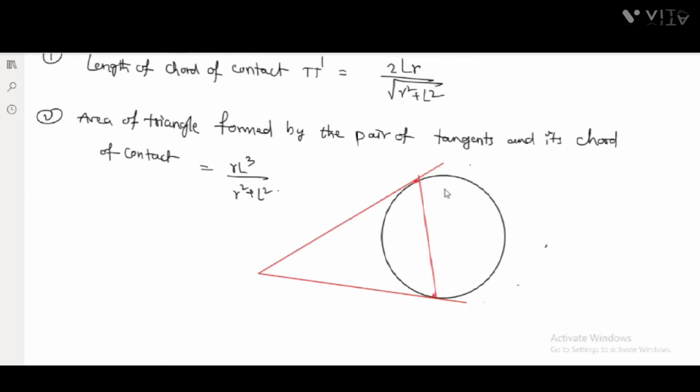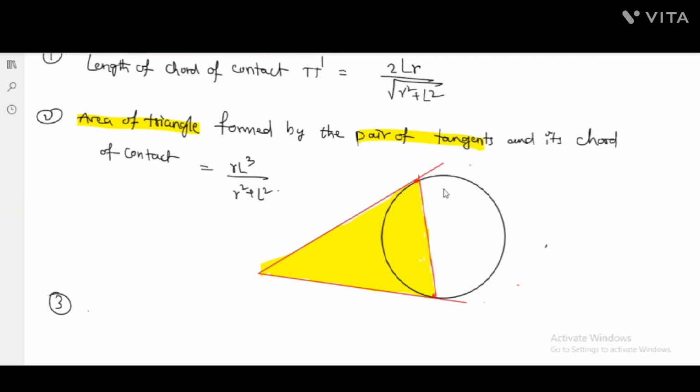What they are telling here is the area of the triangle formed by the pair of tangents, meaning this and this, and its chord of contact, meaning this. So this is the triangle which is formed here. The area of this triangle, direct formula, is R L cube by R square plus L square.